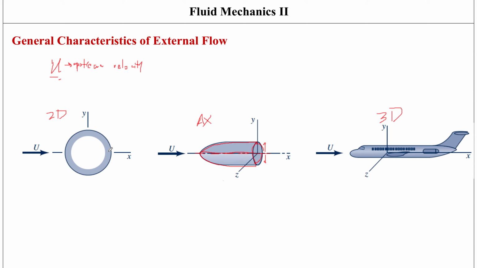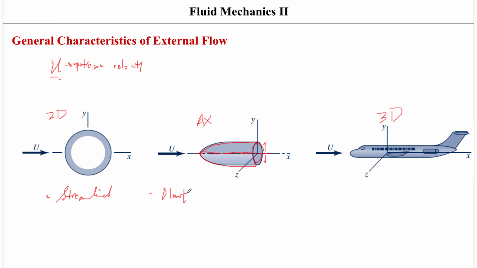Another type of classification for a body shape can be made based on whether the bodies are streamlined or they are blunt. So streamlined and blunt bodies.